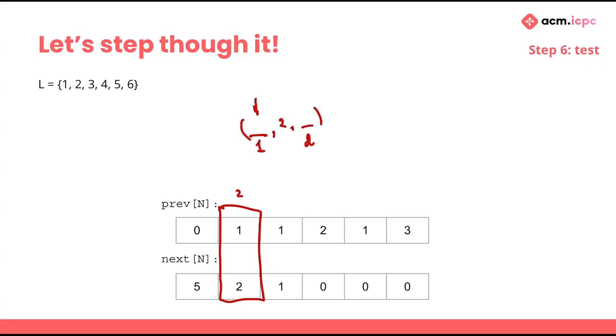So basically, there are in total 2 multiplied by 1, 2 possibilities for magic triples where the middle element is the element that we consider in the array.